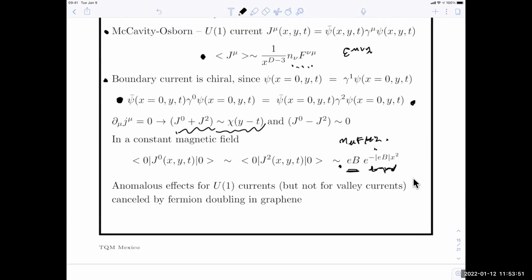And then the chirality of the boundary current means that as you get closer and closer to the boundary, this actually becomes equal to the charge density that's induced by a magnetic field. So that's really interesting.